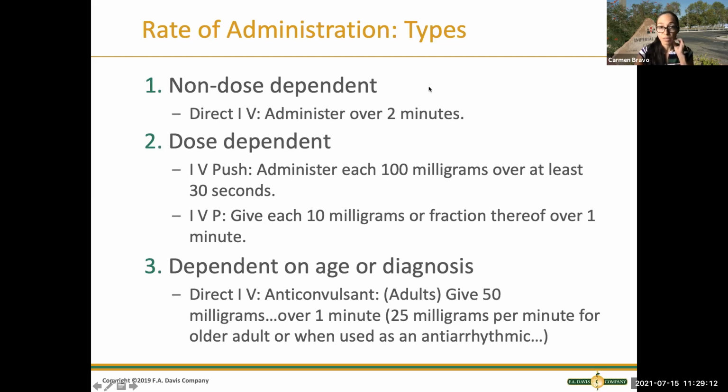The different types of administration rates, you will see that some are pretty standard, where it says administer over 2 minutes. So you just have to figure it out so that you give it over 2 minutes. There are other types that are dose dependent. For example, this example says 100 milligrams over 30 seconds, so you're dividing the dose over the time.